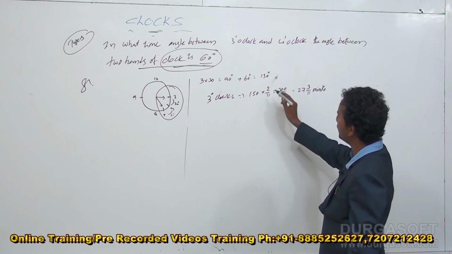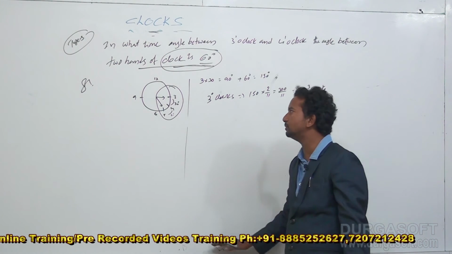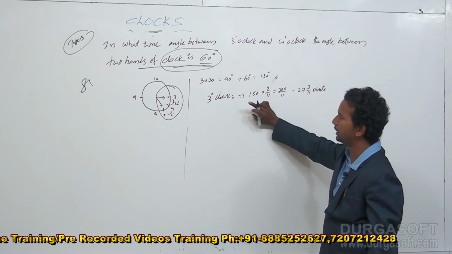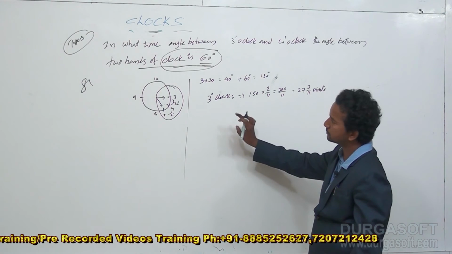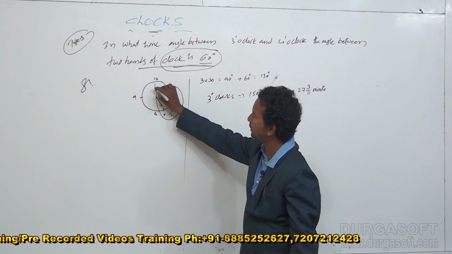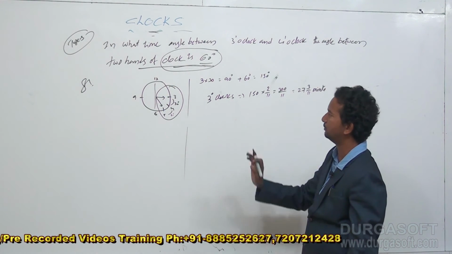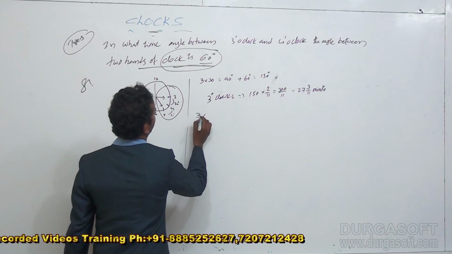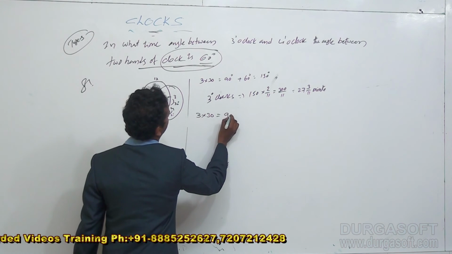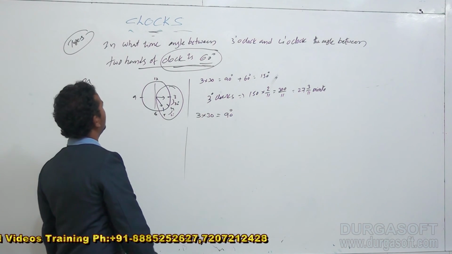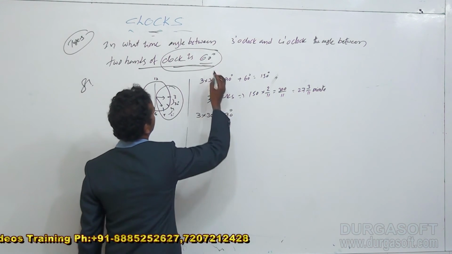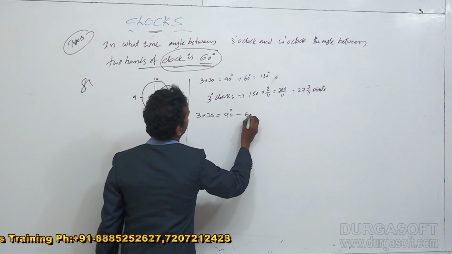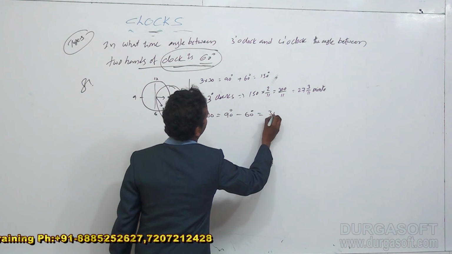Now coming to this one, both hour hand and minute hand will be the same between 12 and 6 o'clock. You take one more value by subtraction. Again I am taking 3 into 30, which is 90 degrees. Now here the 2 hands of a clock: 90 degrees minus 60 degrees is equal to 30 degrees.